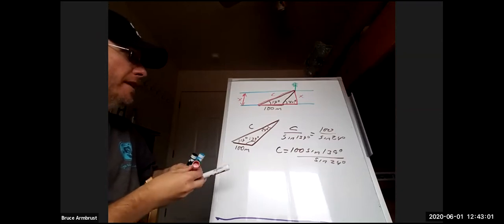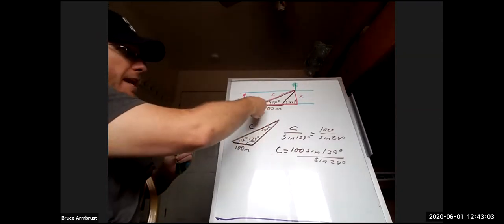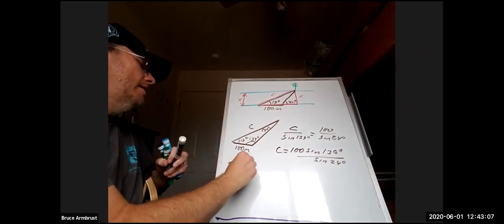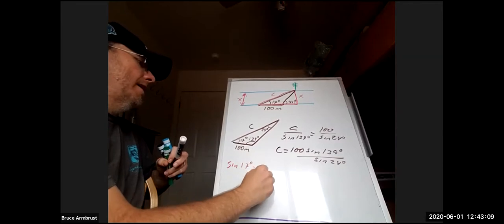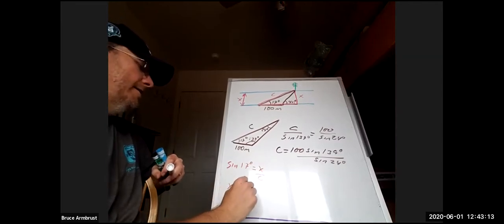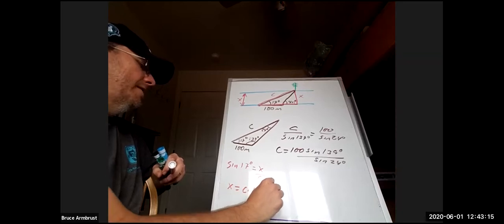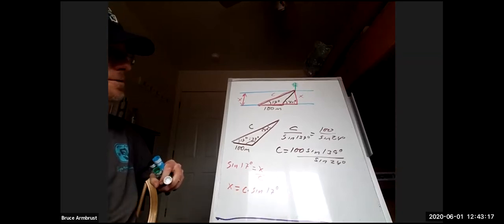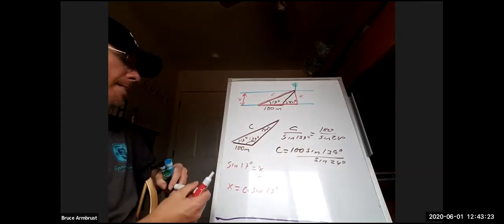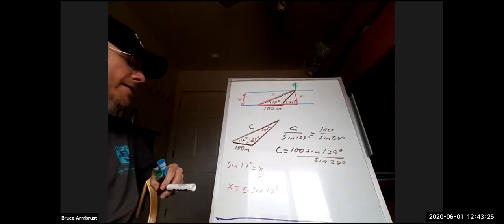Specifically, for that 17-degree angle, which is the one that I know in there, its sine is equal to x over c. So x is going to be c times the sine of 17 degrees. So all I've got to do is take this thing that I just found for c and multiply it by the sine of 17.